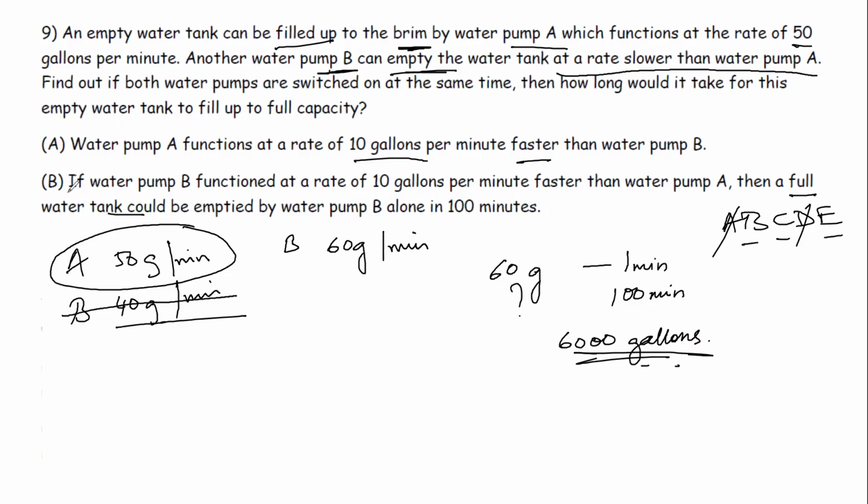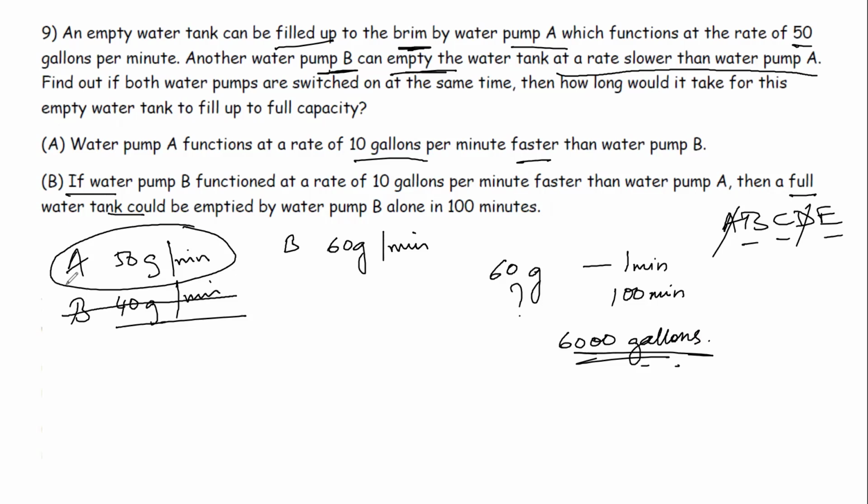Correct. But they're using the word if. Now that if is not the factual information, right? But we do know that the water tank would have been emptied by B alone in 100 minutes, which means that the capacity of the water tank is 6,000 gallons.